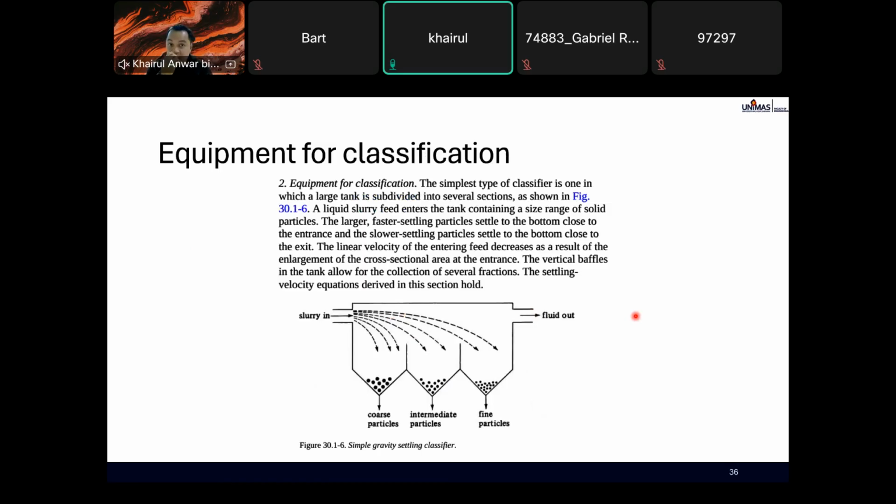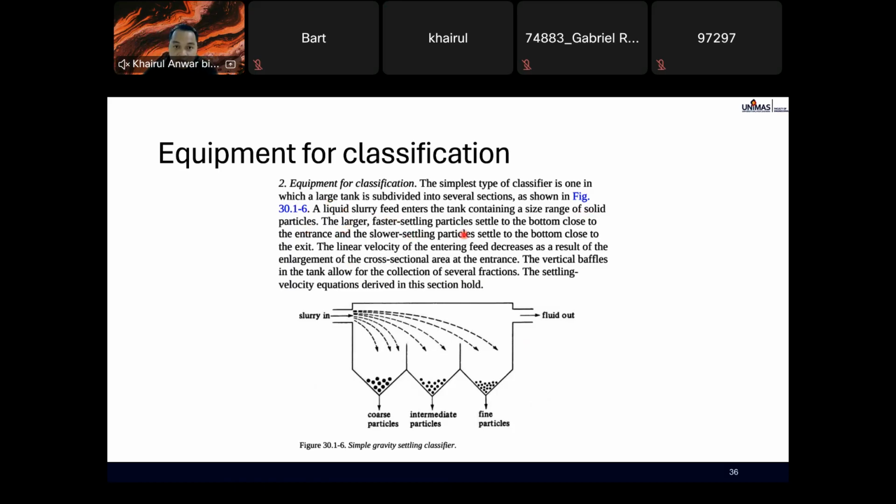Next is the classification. The simplest type of classifier is one in which a large tank is subdivided into several sections, shown in figure 30.1-6. A slurry is fed into the tank containing a range of sizes of solid particles.